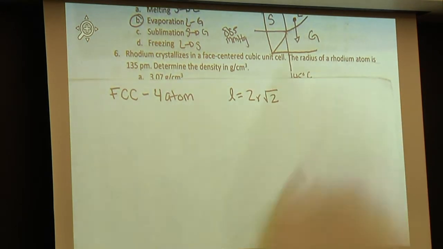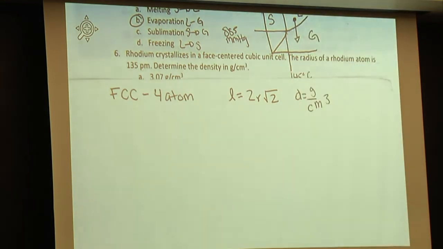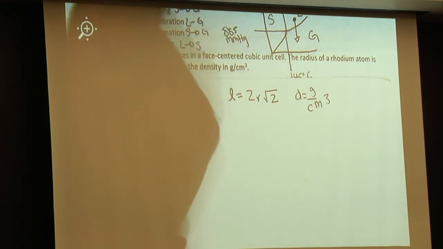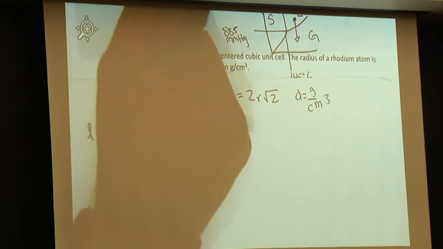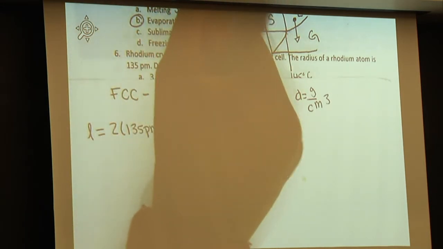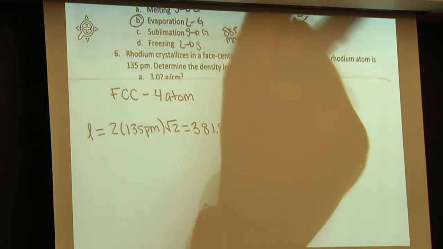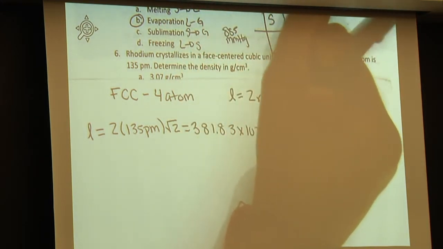And then we know that density has to be in grams per centimeters cubed. Let's just do the length first. So length equals 2 times 135 picometers, square root of 2. You're going to get 381.83 times 10 to negative 12 meters.